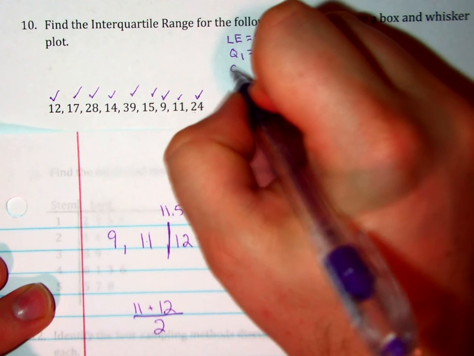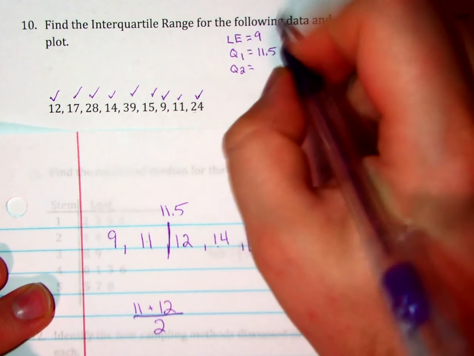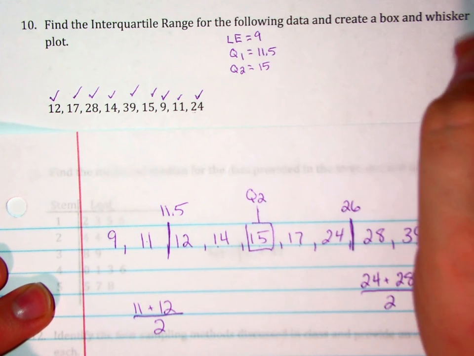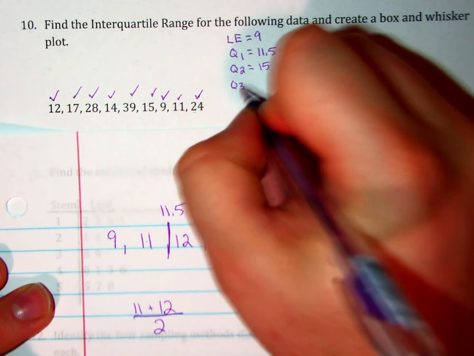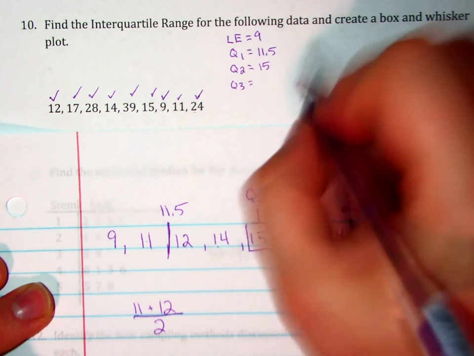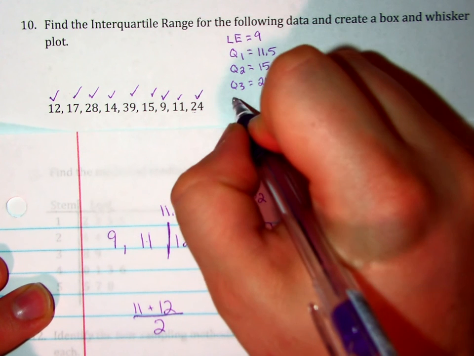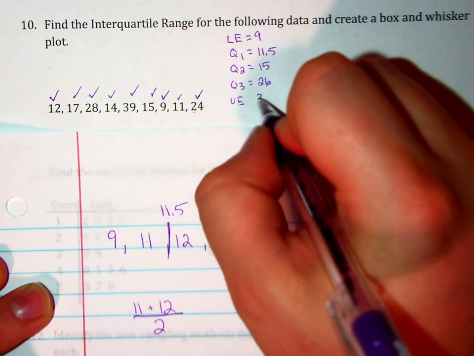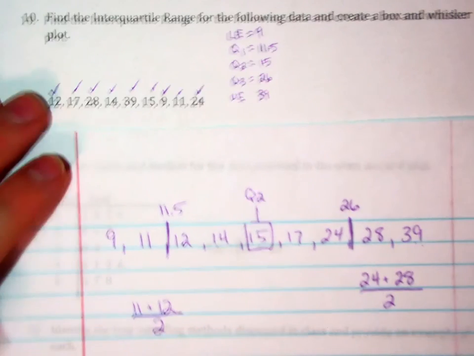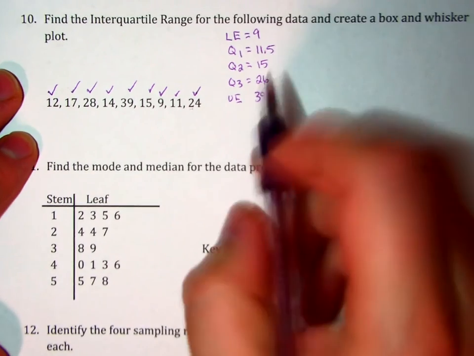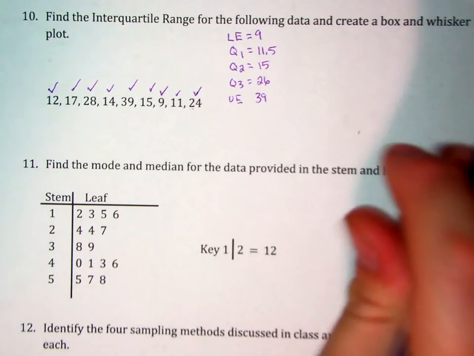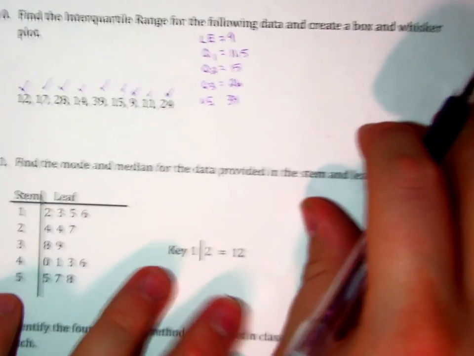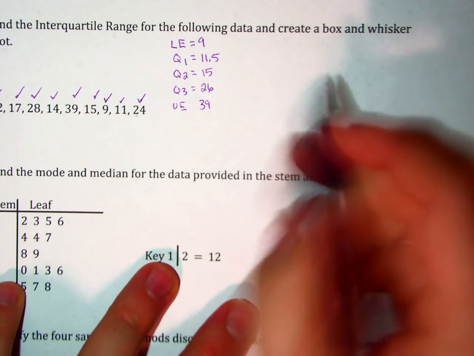My Q2, or my median, equals 15. My Q3 equaled 26. And my upper extreme was 39. And so now that I have all 5 of these pieces of information, and that's all I need to really be able to graph, I don't need my piece of paper anymore.